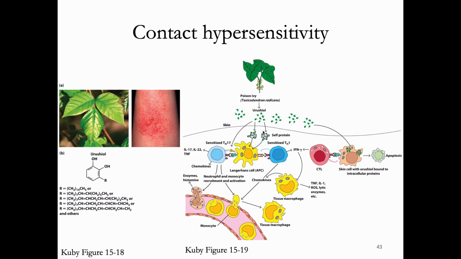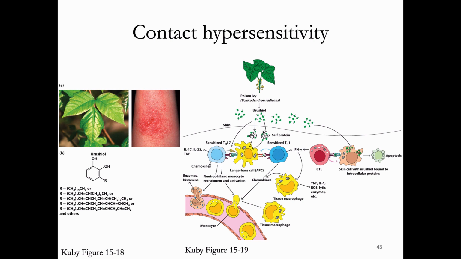And so, as a result, sometimes people even talk about this in terms of contact hypersensitivity. This is one of the examples of a type 4 hypersensitivity response that I want to show you, and this is actually a poison ivy response. This is poison ivy. It has this compound in it, which you can see here, the urushiol.